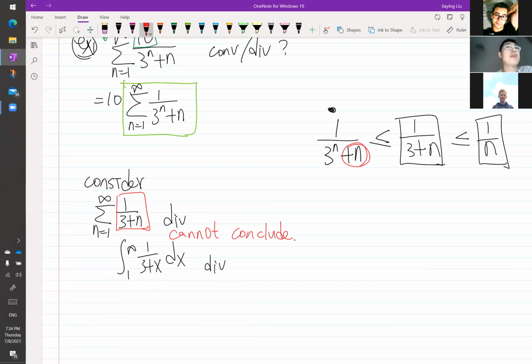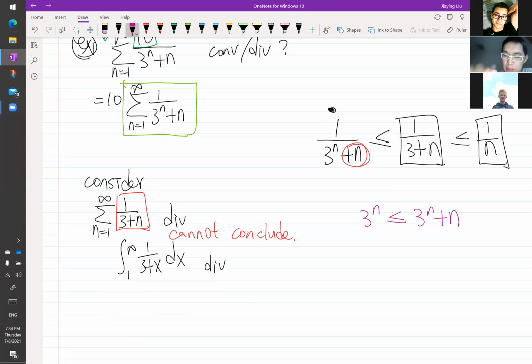So let's pick a different function that's greater. This one doesn't work. So let's consider that 3 to the n is always going to be less than or equal to 3 to the n plus n, because n is a positive number. If you add a positive number to it, it's always going to be bigger.